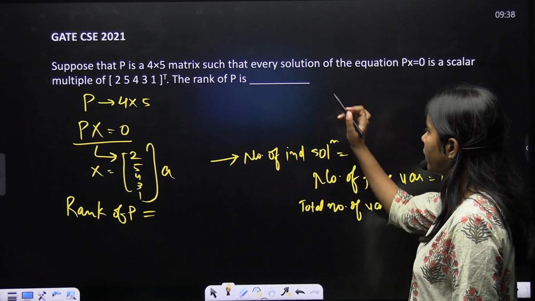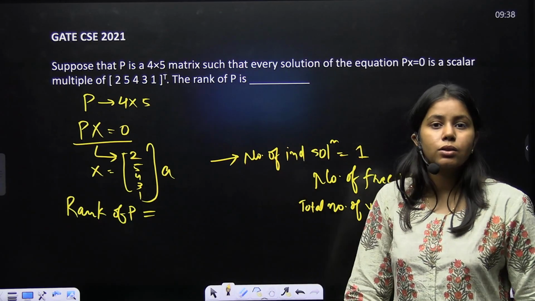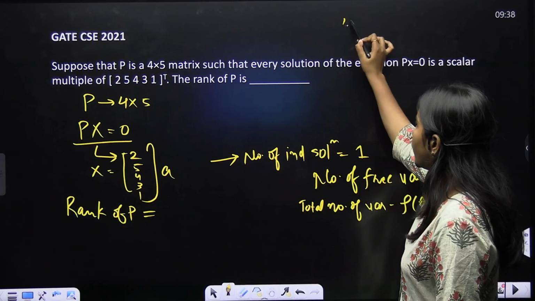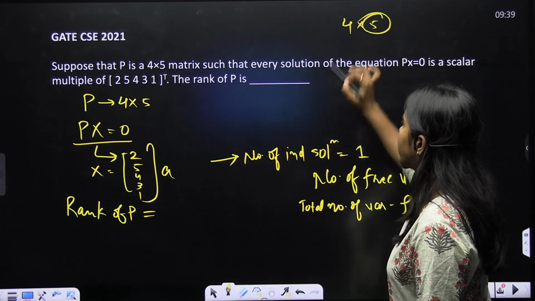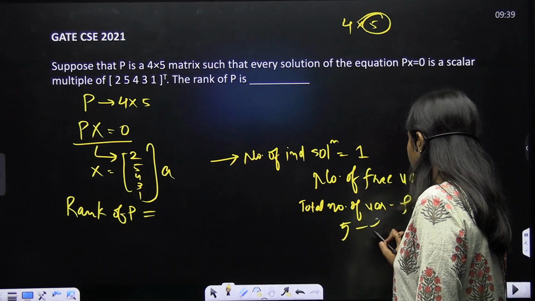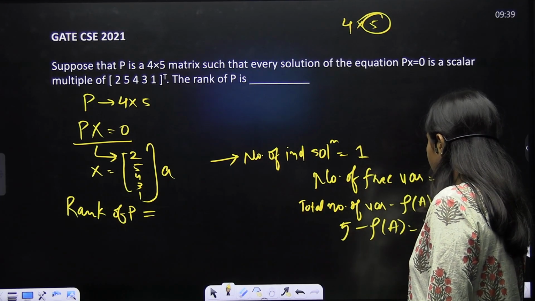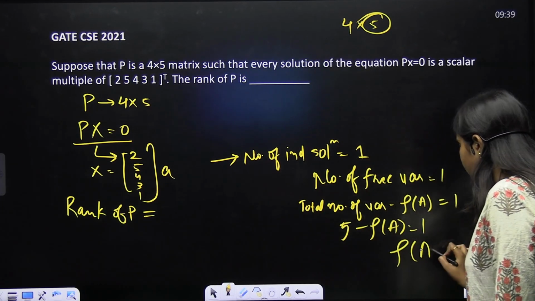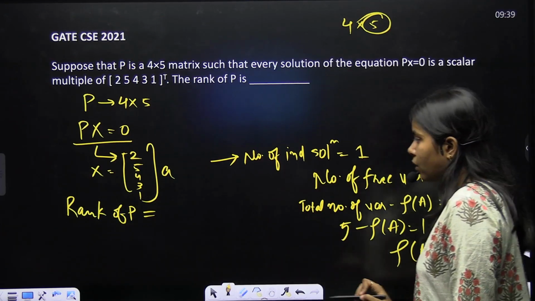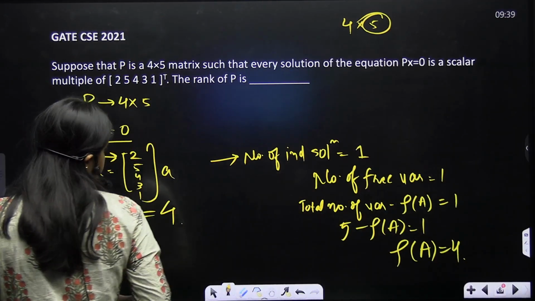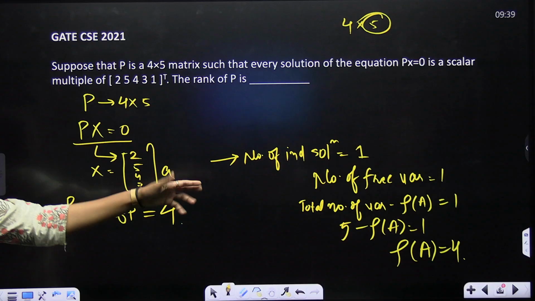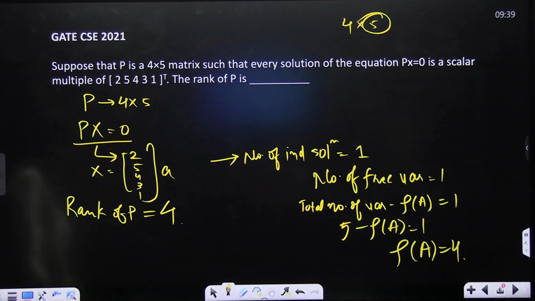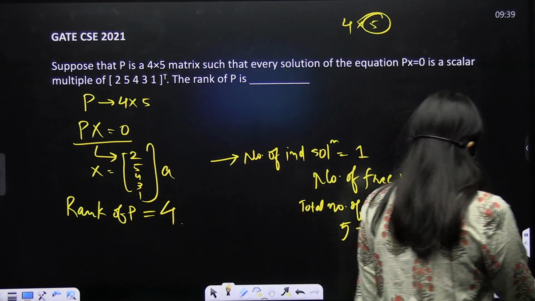And total number of variable, because it is a 4 cross 5 matrix, so how many variables it would be? 4 cross 5 matrix, so how many columns we have? 5. Minus rank of A is equals to 1. So rank of A you would get here as 4, right? Rank of P you get here as 4. Okay, I wrote A, but that is a P matrix. I hope this thing is clear.